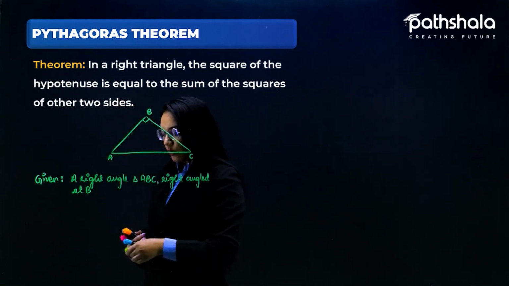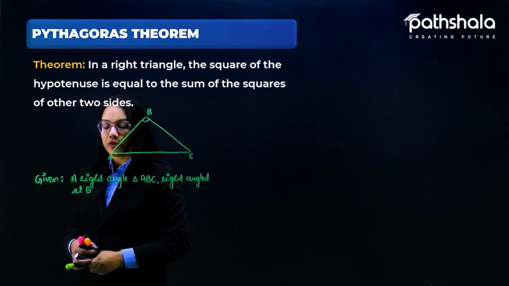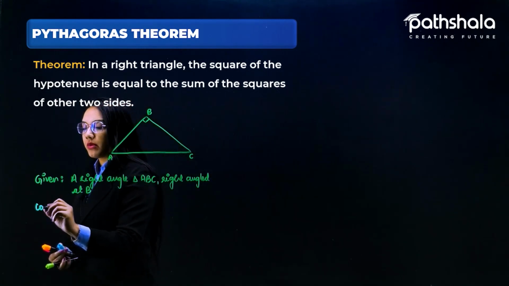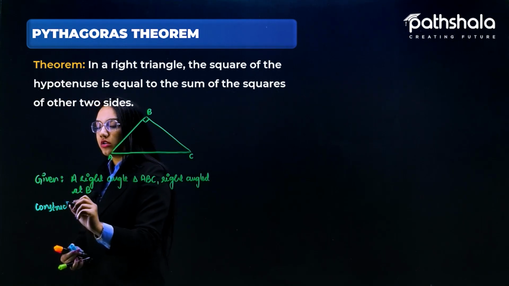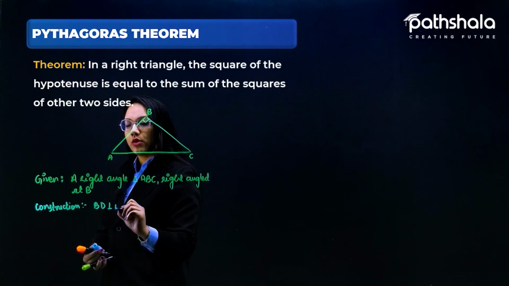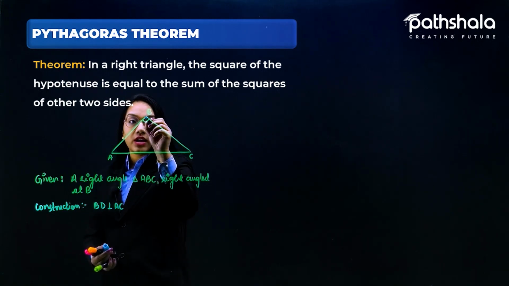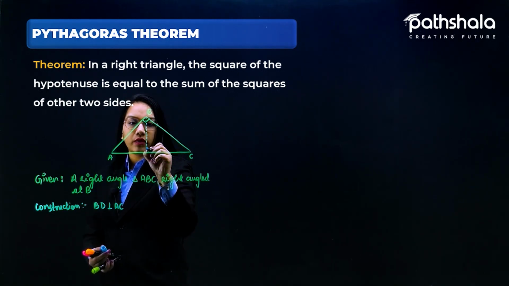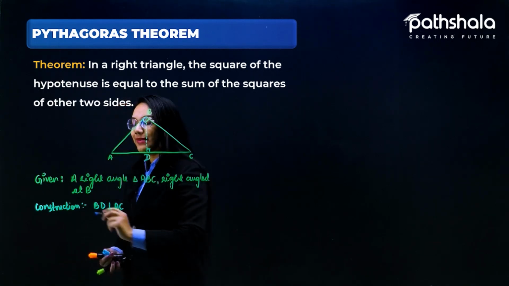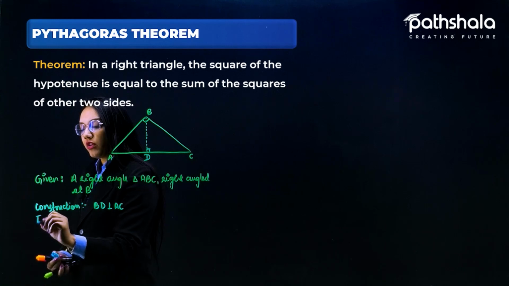So what we have to prove, but before that, let us suppose I'll write the construction over here which is required. So I am taking a construction over here that I am drawing BD perpendicular to AC. I'm just taking a perpendicular BD over here, which is perpendicular to the AC. Now let's just talk about what we have to prove.